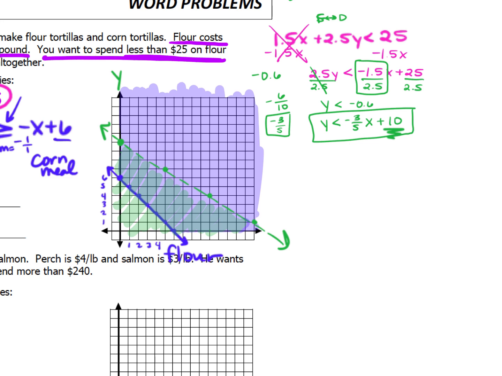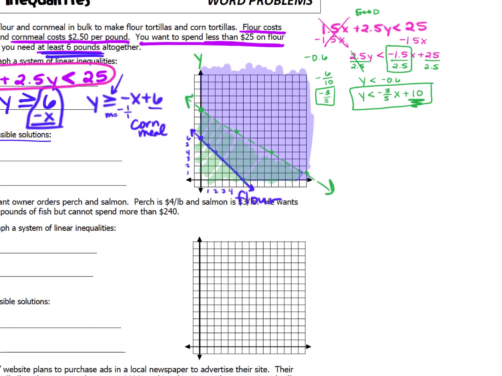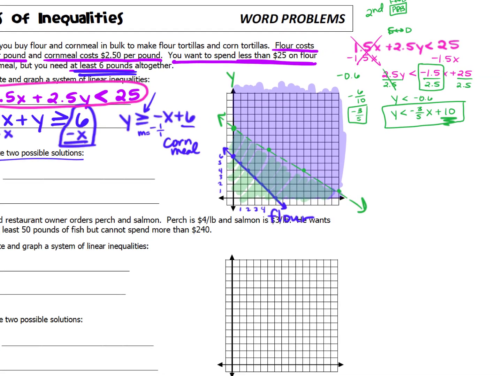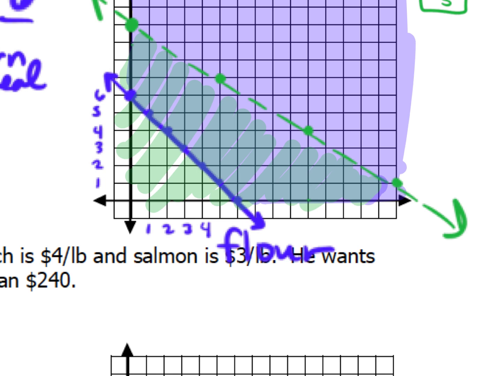Okay. You don't necessarily need to scribble that in darker for me right now, because what I want you to see, I'm going to take the pink away for a minute, is what are the possible solutions then. So anywhere inside of that is a possible solution. So let's think about this. If I name a point, if I go to 10 on the flour, and I go to 2, here's 2, here's 10.